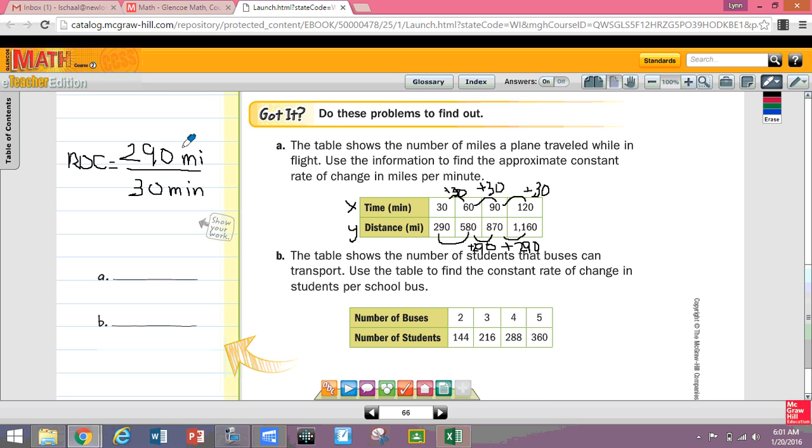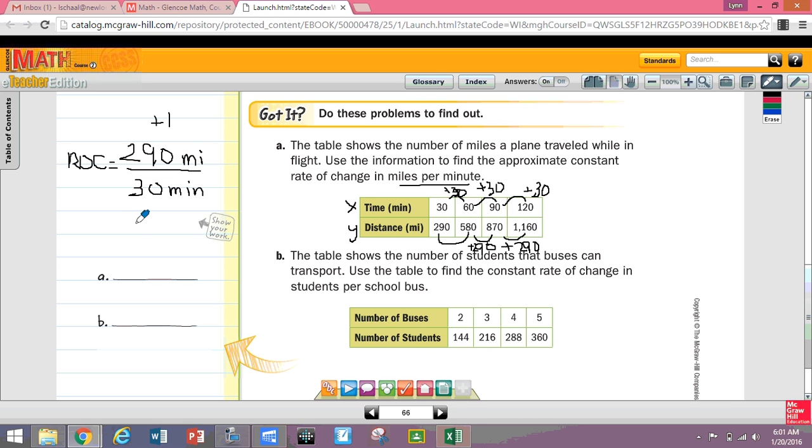Now, if I asked you to calculate a unit rate, because it does say per minute, then you would change that. When I grade your assignment, determining that rate of change is going to be worth a point. And then to determine that unit rate, you would take 290 and divide it by 30. This is what we've been doing all along. It's nothing new.